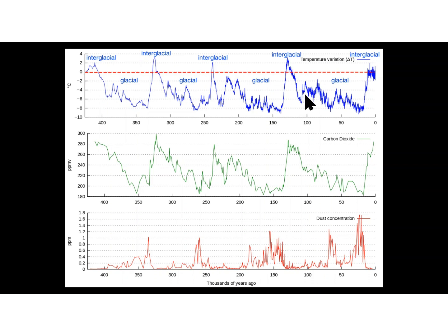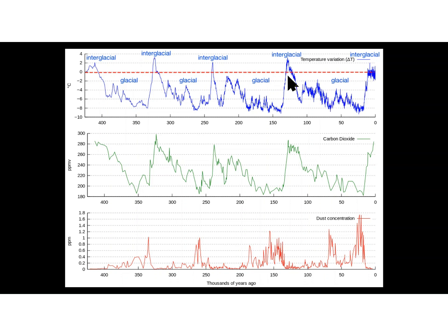What calls attention? So this is the latest interglacial. We call it, or scientists call it, Holocene. And this is also an interglacial, but the scientists don't call it Holocene. Only this one is called Holocene.